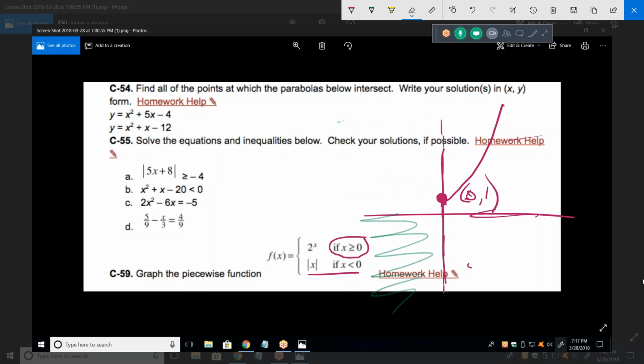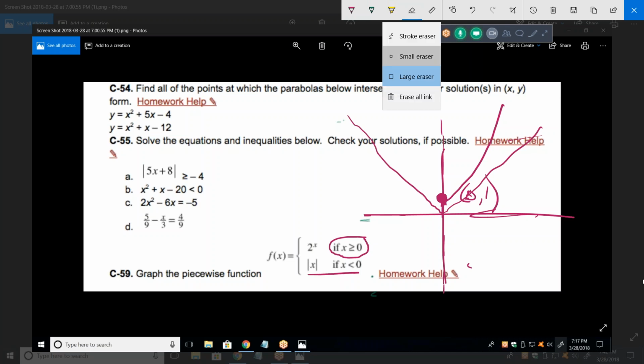It's the absolute value, so it's like a V. Normally it would be. In other words, if it was for all x, it would look like this, correct? Yeah. But it's not for all x. It's only when x is less than 0. So it's still on the side. Yeah, so I just erase this side, okay?